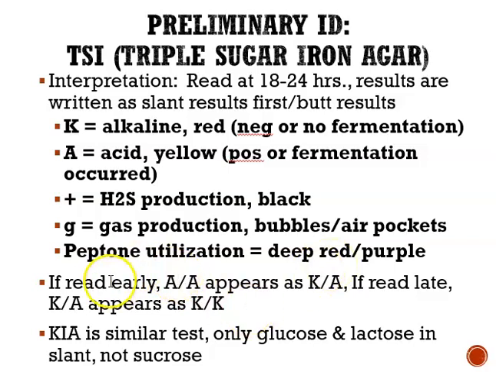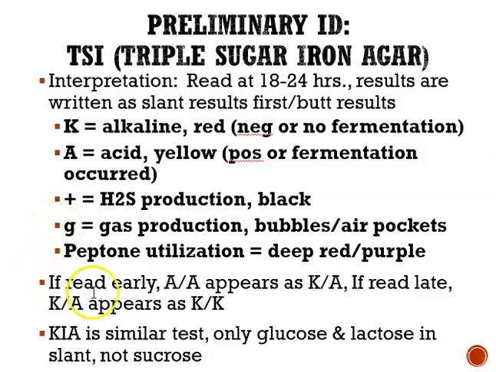Okay, so again, we report these results out as the slant result over the butt result. So A indicates acid; this is the slant. A indicates acid; that's the butt result. So we say it as A over A. And then we would add on that plus sign or the G if there was also hydrogen sulfide production or gas production.